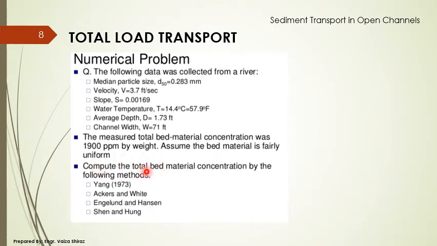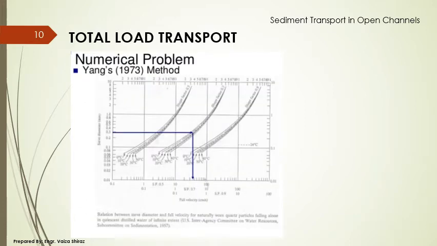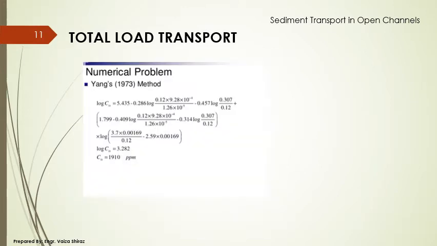You have to compute the total bed material concentration by the following methods: Yang's, Ackers and White's, Engelund and Hansen, and Shen and Hung. So you will apply the equation for all the methods, and you will find out the total load.